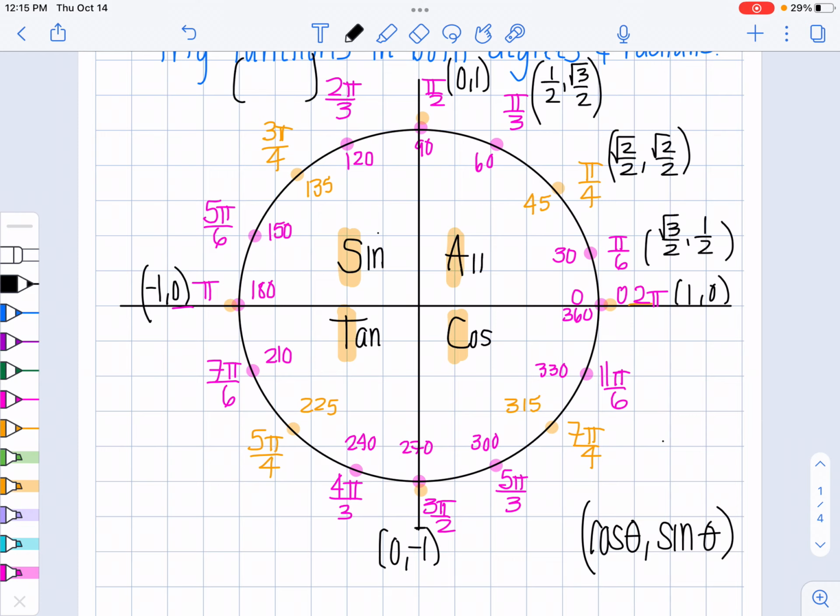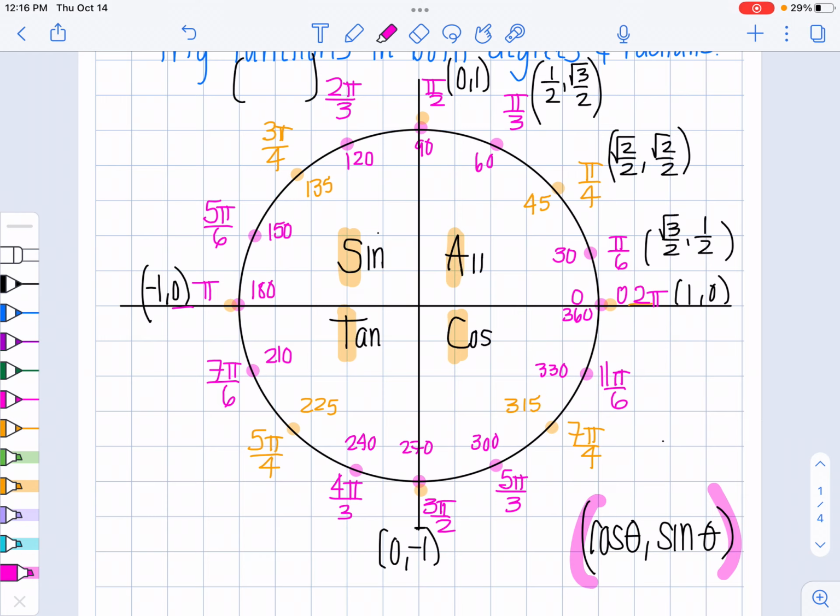And remember that your ordered pairs, these guys down here, the x value represents the cosine of your angle, and the y represents the sine of your angle. And so these values, A, S, T, C, are going to let you know if your x value is positive or your y value is positive.